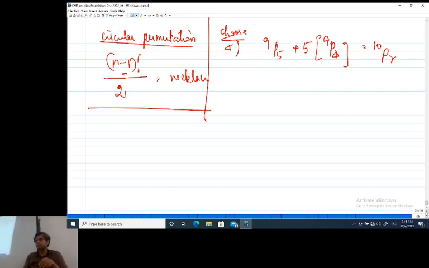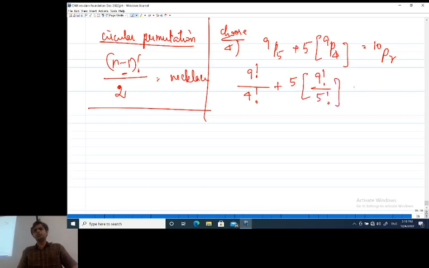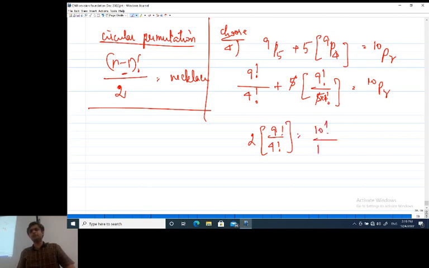Okay, so 9 factorial by 4 factorial plus 5 into 9 factorial by 5 factorial equal to 10Pr. 5 factorial can be written as 5 into 4 factorial. Then 5 poidum, you get 2 times 9 factorial by 4 factorial. This is equal to 10 factorial by 10 minus r the whole factorial.